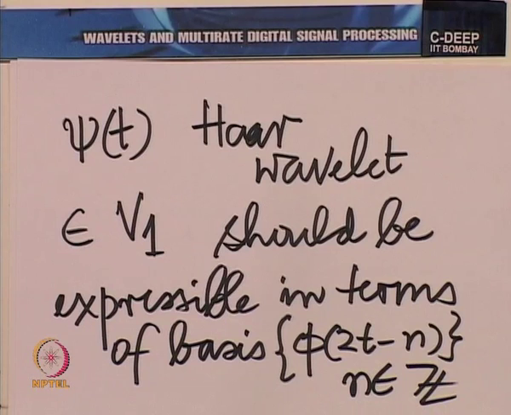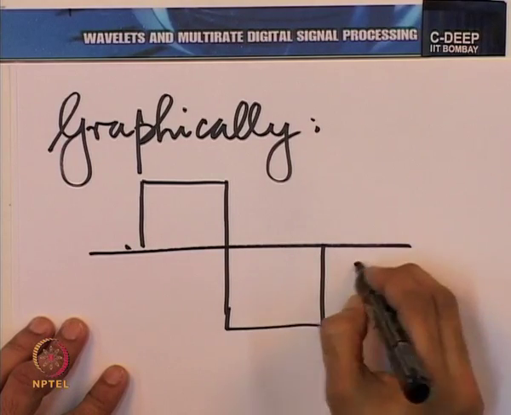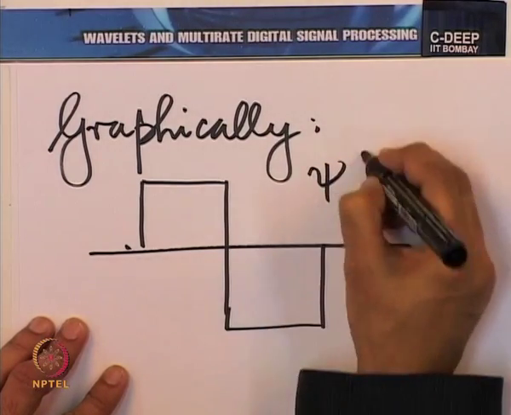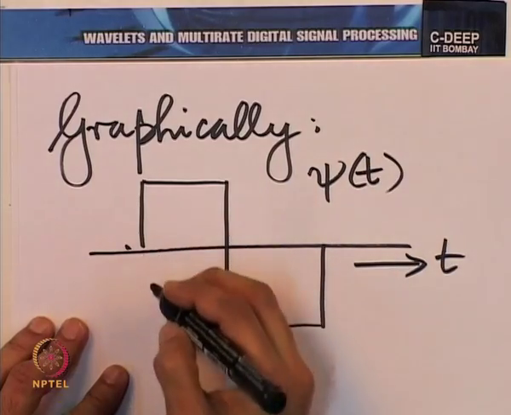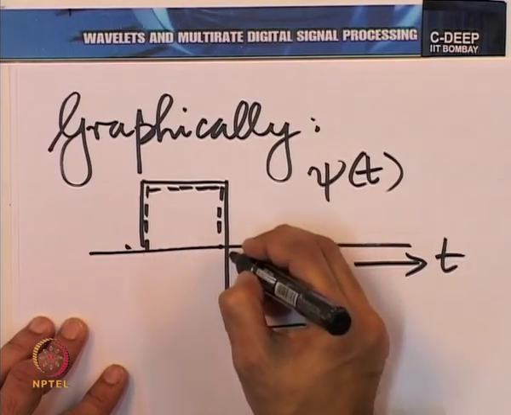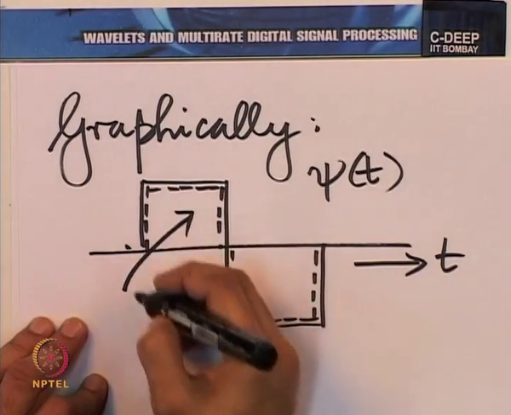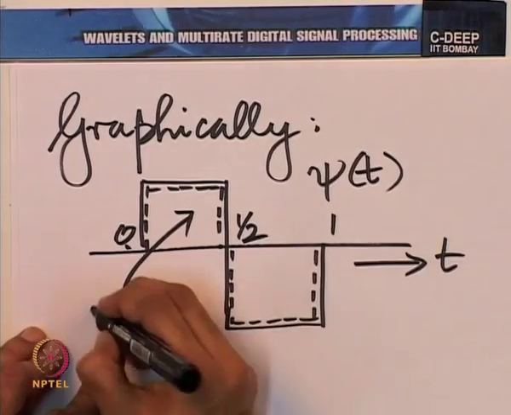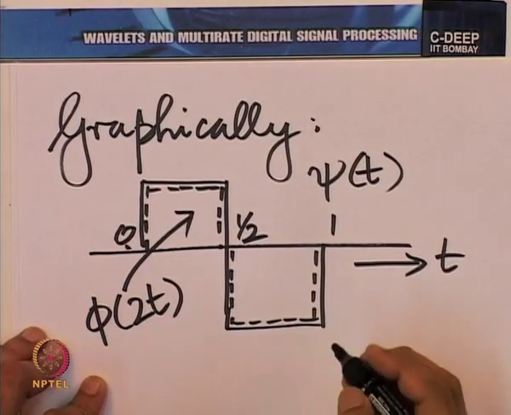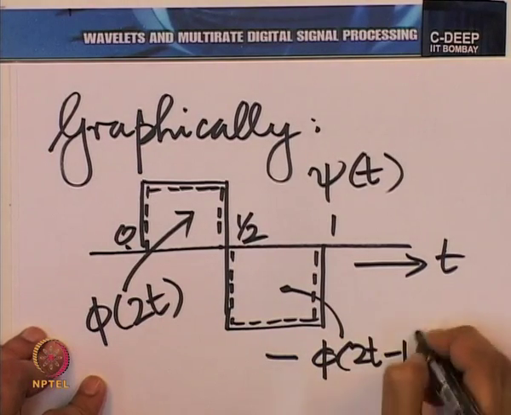And again, if we look at it graphically, it is not difficult to do. Graphically, one can sketch phi t actually. And psi t too. So, this is psi t. And you can see the phi t's embedded in it. So, you have one here and you have one there. This is easily seen to be phi of 2 t, and this is easily seen to be minus phi 2 t minus 1.